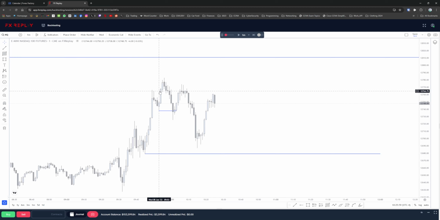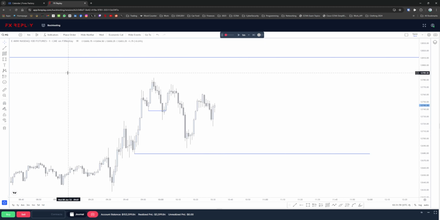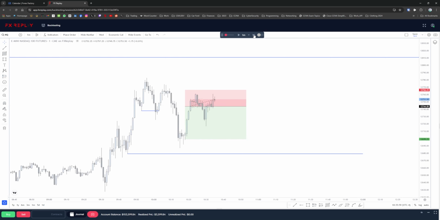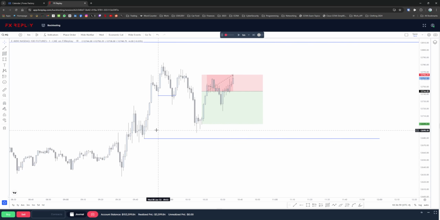Comes back up to this. I don't think that will hold. Maybe it does. Again, it's not something I take. I just think I'd skip today. I would skip today.